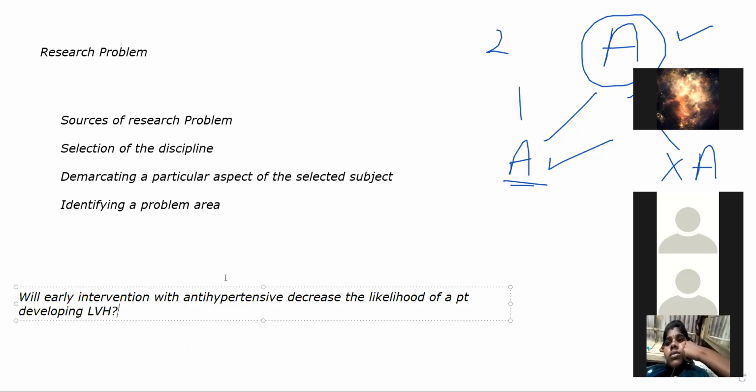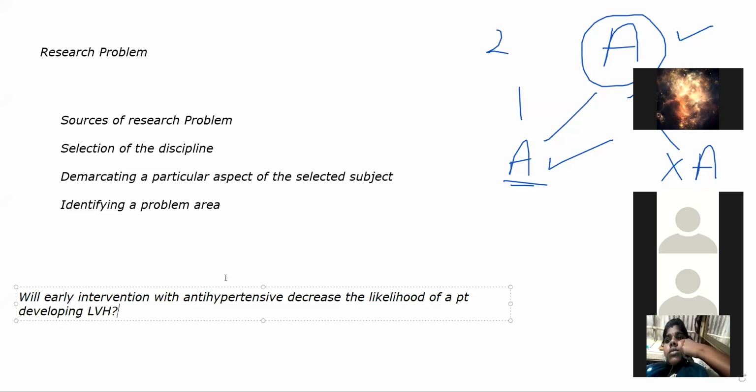अब इसमें आपको क्लियरली मालूम हो गया, ठीक है, मेरे क्राइटेरिया क्या है, मेरे को पेशेंट्स देखना है जिनको हाइपरटेंशन है, ठीक है, and I want to see preferably patients over a long period of time. मतलब I want to see them for a few years.